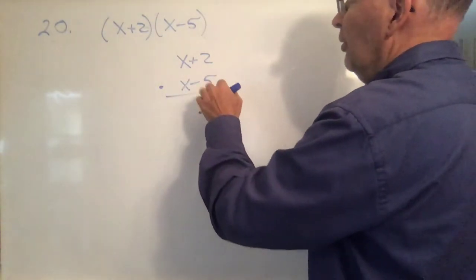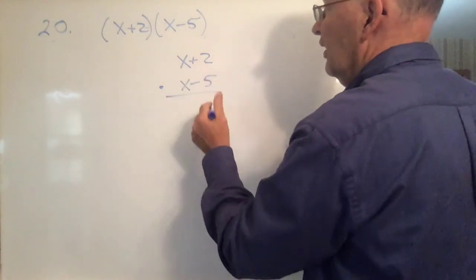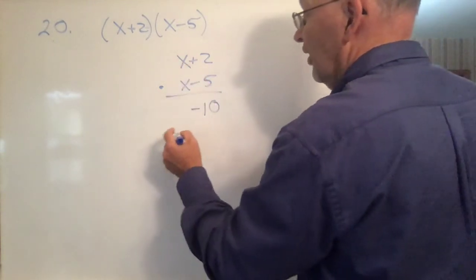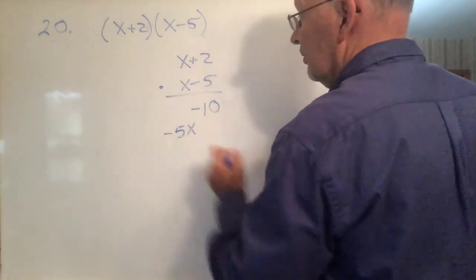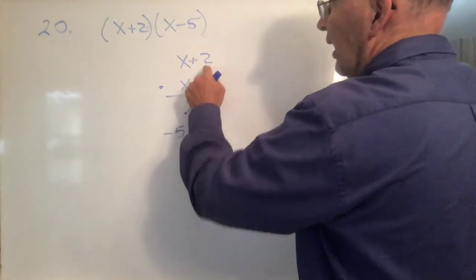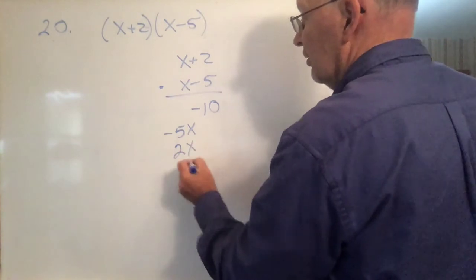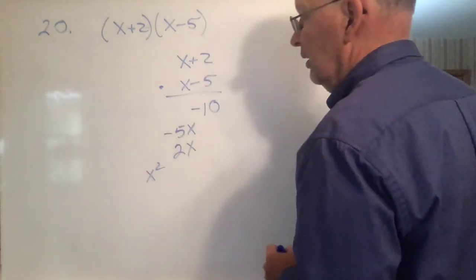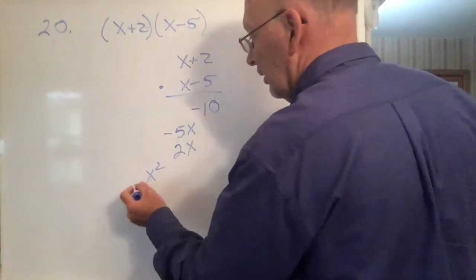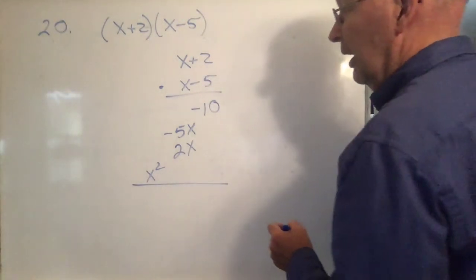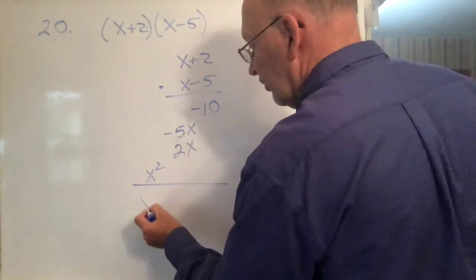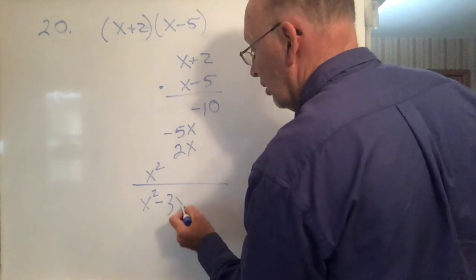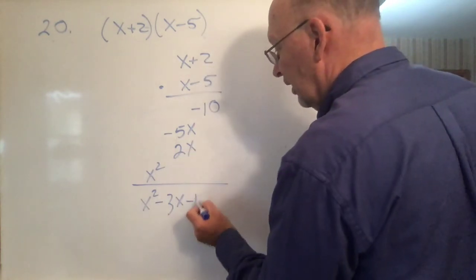So just like when you multiply numbers, it's going to be negative 5 times 2 is going to be negative 10. Negative 5 times x is a negative 5x. X times 2 is 2x. And x times x is x squared. So I can just put them all down like that and combine them, and I'm going to get what? X squared. Here I have minus 3x. And here I'm going to get minus 10.